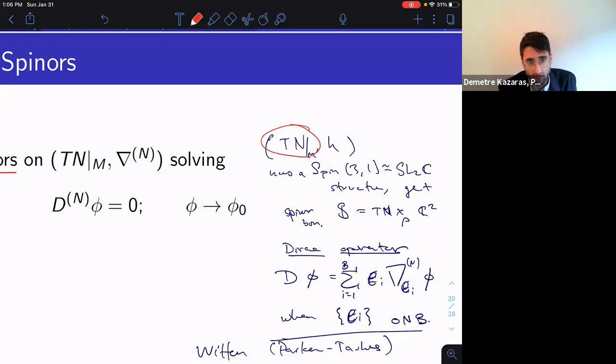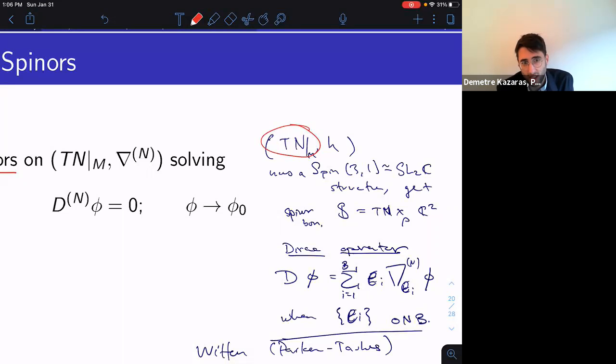It has a structure group SO(3,1), the origin-fixing isometries of Minkowski space.